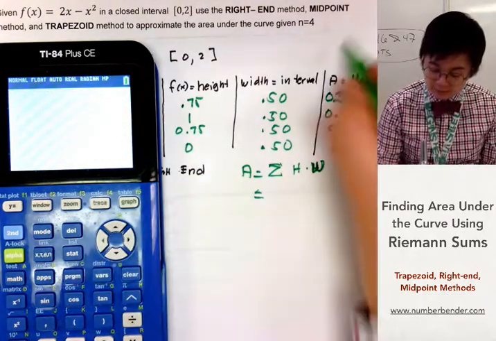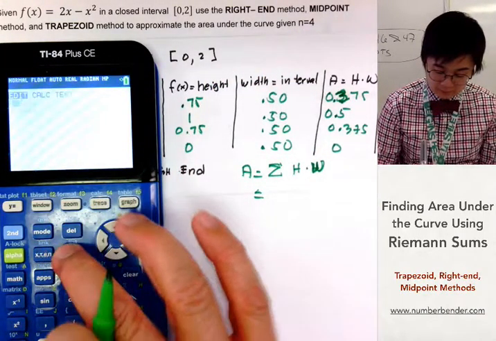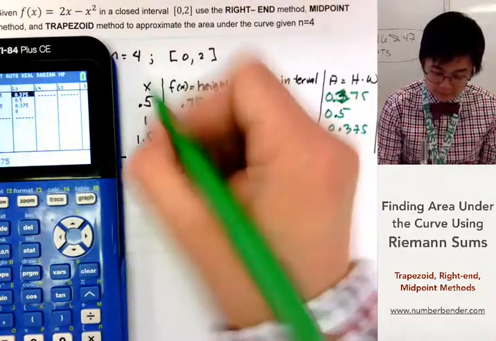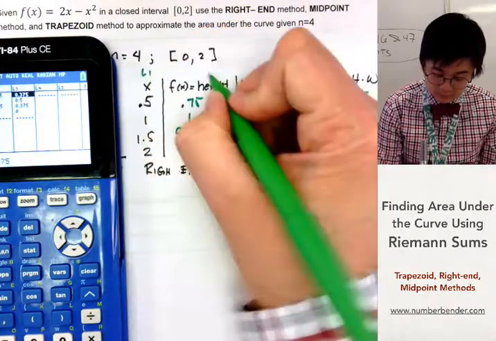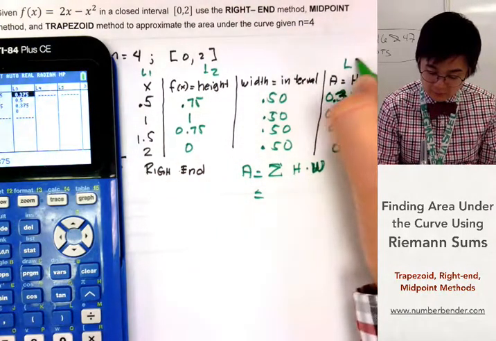At yung area natin sa ating list function, alam natin na yung ating list, balik tayo, list 1 natin ay ito naman si list 2, at ito si list 3.